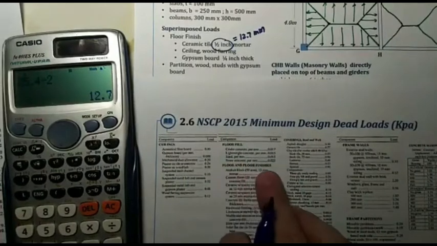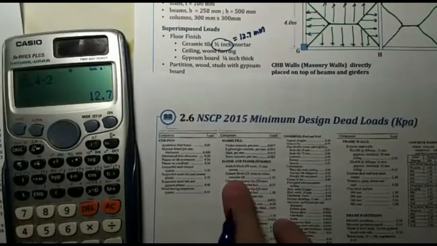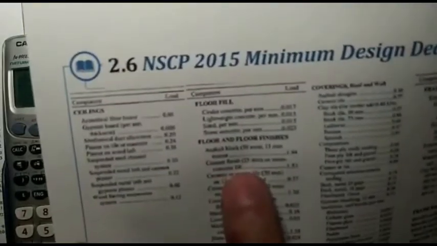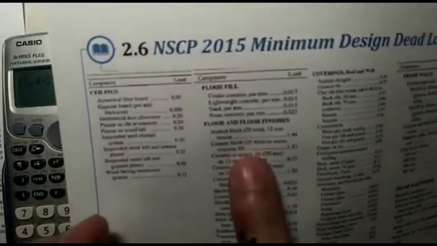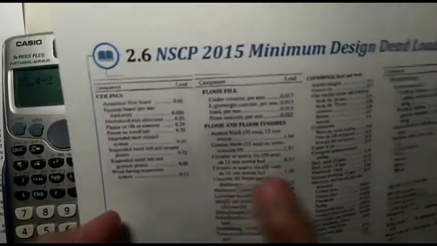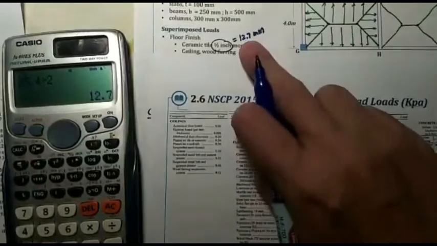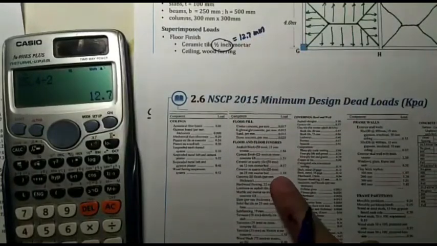Ito, ceramic. So we have here ceramic finish, 25 mm. Okay, so ito naman, ceramic 12.7 mm. So that's around, ito yun, yung 13.